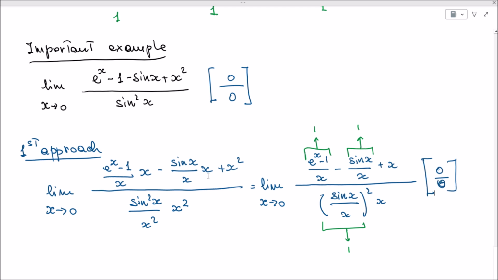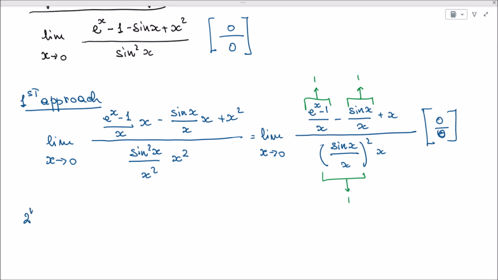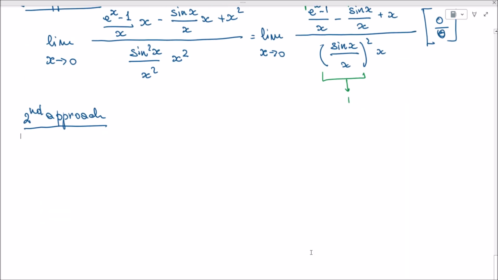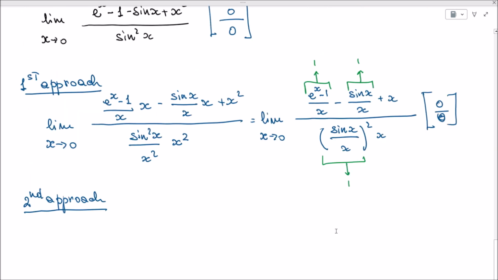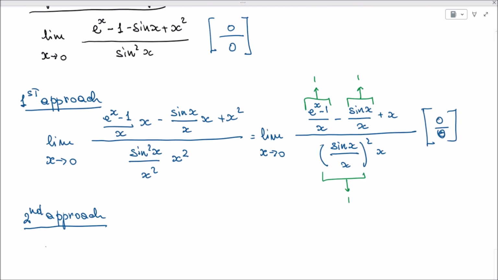Okay, let's now try to apply the asymptotic equivalence. Now, what can we say? Well, for example, we know that e to the x minus 1 is asymptotically equivalent to x when x goes to 0, right? And also sine of x is asymptotically equivalent to x.